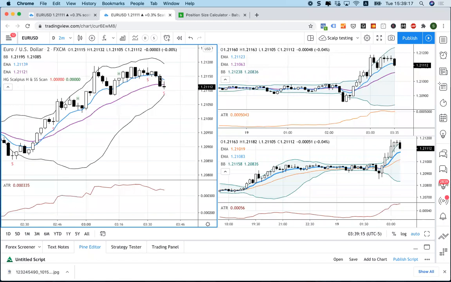All right. Now, I want you to notice the pinching formation of these Bollinger Bands. If you think about how Bollinger Bands are calculated, they are an average of the last 20 standard deviations. Standard deviations measure the square of the differences.